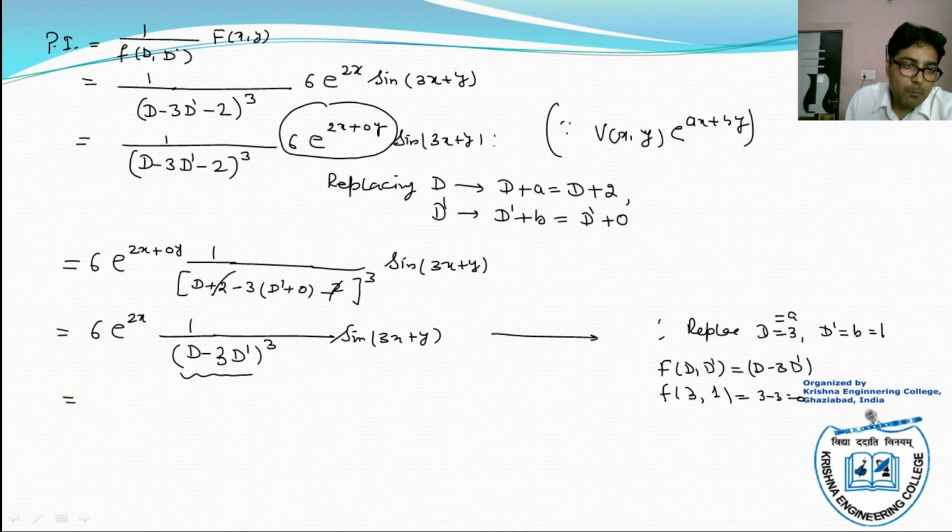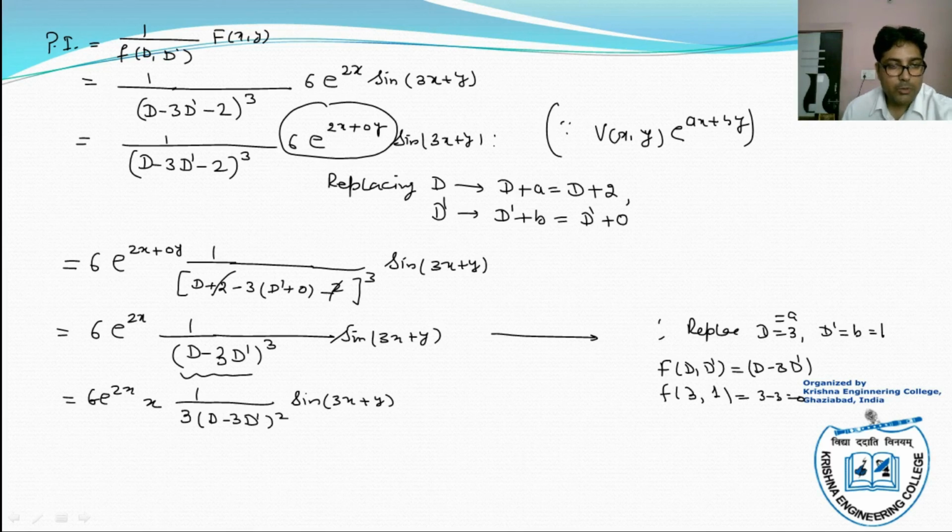In this case, multiply by x and differentiate partially with respect to capital D. So this becomes 1 upon 3(D minus 3D') to the power 2, sin(3x plus y). Again this is homogeneous. Again replace D by 3 and D' by 1, so this becomes 0. So again multiply by x and differentiate partially with respect to capital D again.